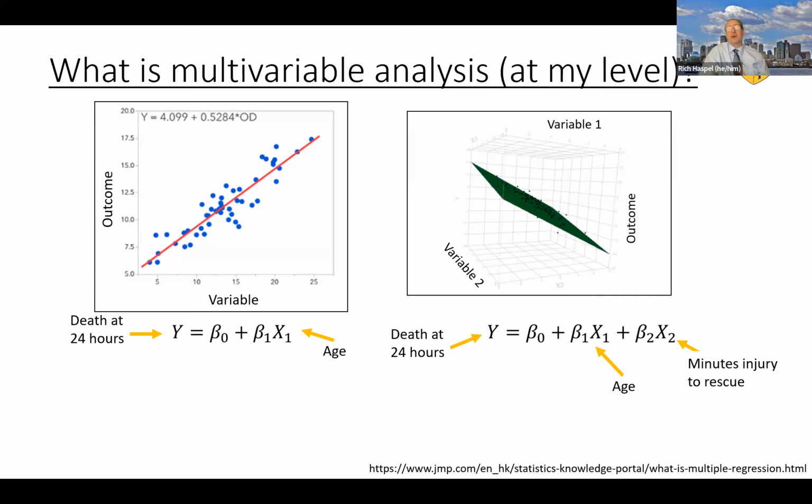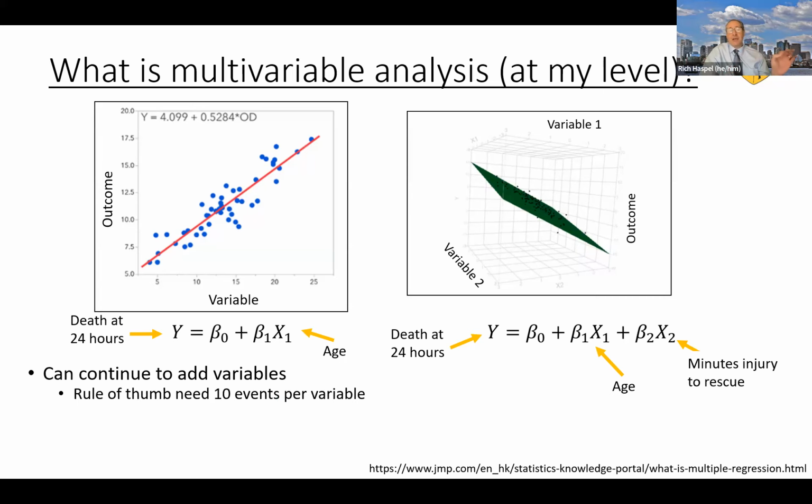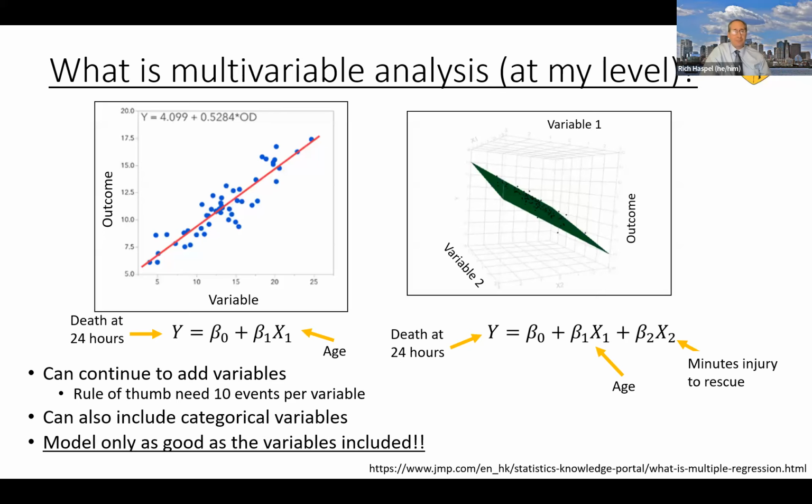You basically can create a whole formula that accounts for each variable, and then you can subtract out those variables to see the pure effect of a single variable on the outcome. And you can continue to add variables. The rule of thumb is you need 10 events per variable. And you can also include categorical variables like were they male or female.